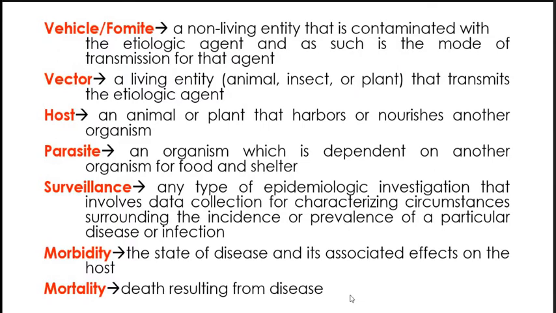Vehicle or fomite, a non-living entity that is contaminated with the etiologic agent and as such is the mode of transmission for that agent. So yung vehicle, ma'am, example nito yung mga gamit sa hospital, inanimate objects po. Vector, a living entity, animal, insect, or plant that transmits the etiologic agent. So vector, ma'am, kunwari, yung mosquito, ma'am, sa malaria, ganun. Host, an animal or plant that harbors or nourishes another organism.